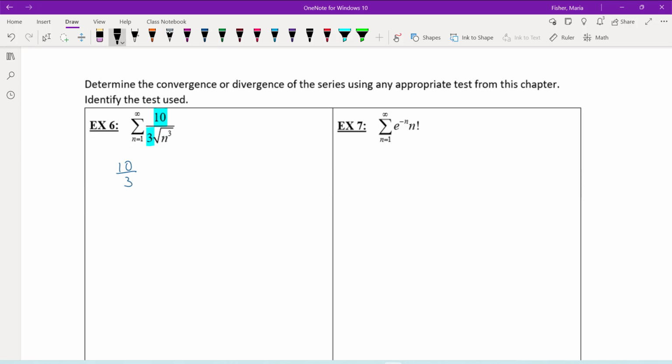So this becomes 10/3 times the sum from n equal 1 to infinity of 1 over, and then instead of writing it as the square root of n cubed, we can write this as n to the 3/2 power. We need to determine, does this series converge or diverge? Well, this is a known series. It's a p series. Your p here is equal to 3/2, and that's a number that's greater than 1, therefore you know that this series converges.